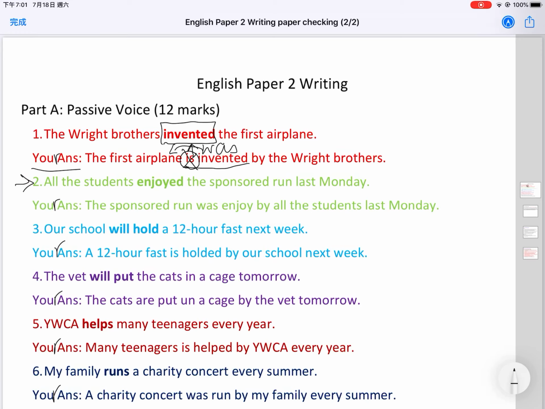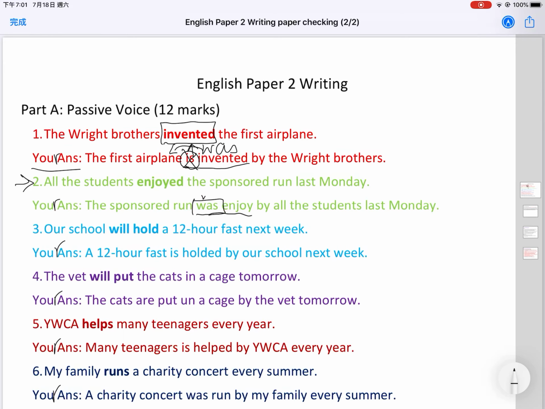Question number 2, all the students enjoyed the sponsored run last Monday. Your answer: the sponsored run was enjoyed by all the students last Monday. So I guess you spotted that the problem is on the verb form again.